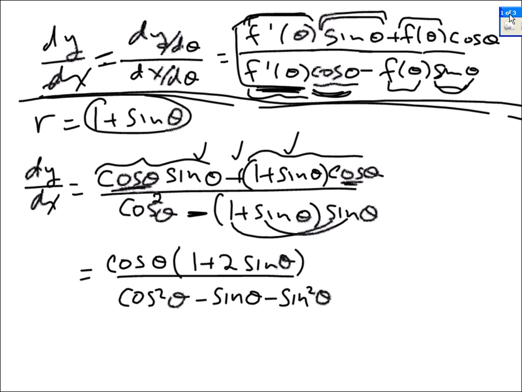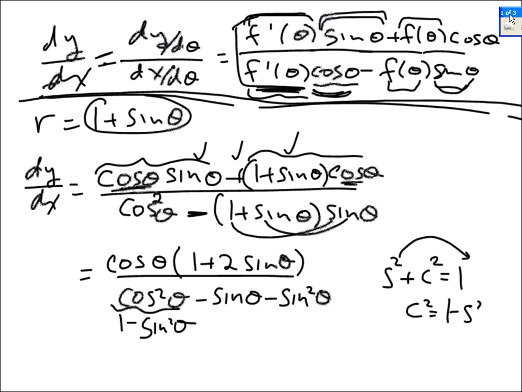Now, in this case, since at some point I want to set the bottom equal to 0, I do want to change the way this is. 1 minus cosine squared theta is 1 minus sine squared theta. Remember, sine squared plus cosine squared theta is 1. If you bring this to the other side, you get cosine squared is 1 minus sine squared theta, which is what I just wrote.